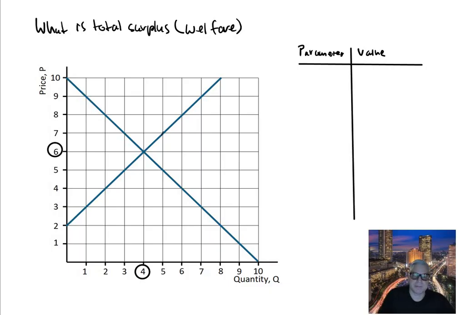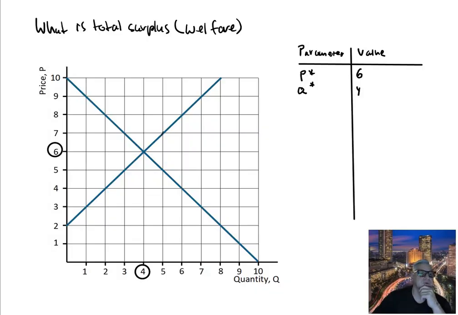The first parameter is the equilibrium price. We call that P star, that is 6. Then we have the equilibrium quantity, Q star, which is 4.